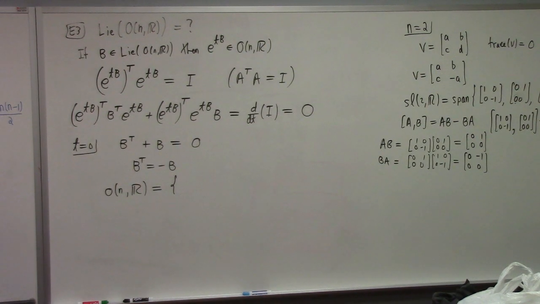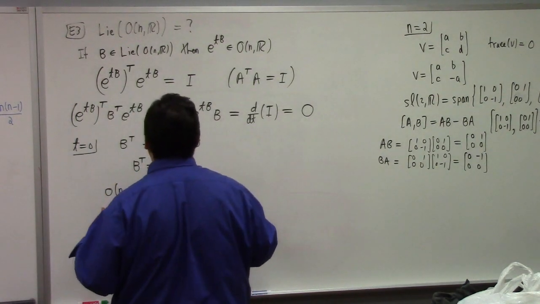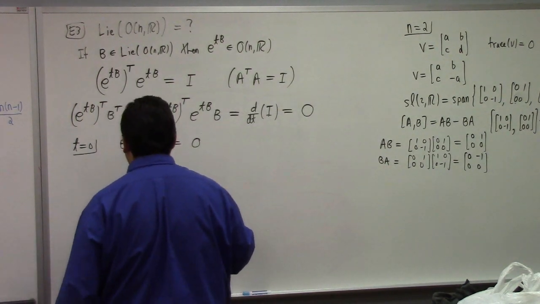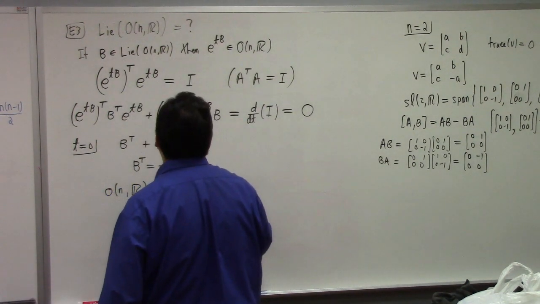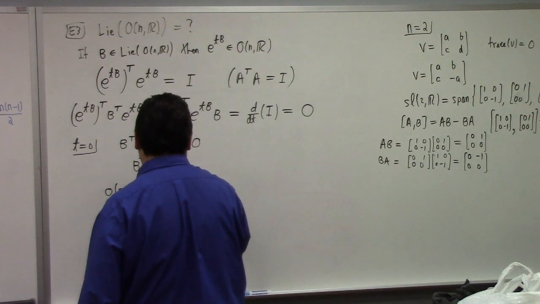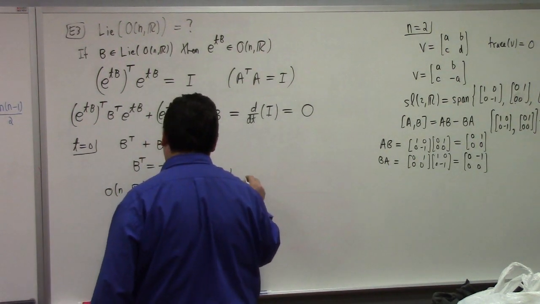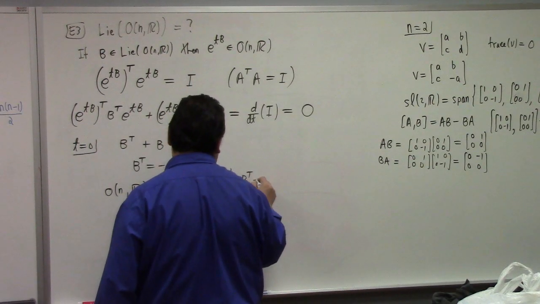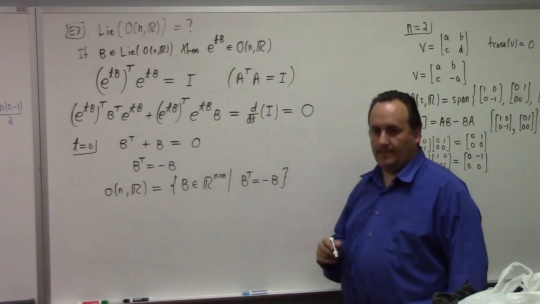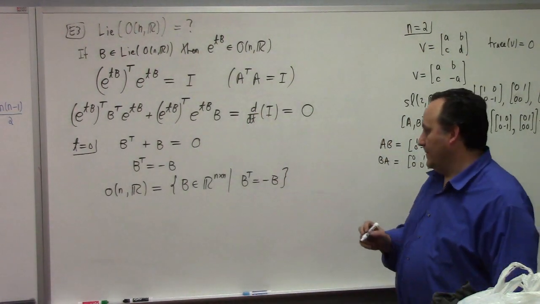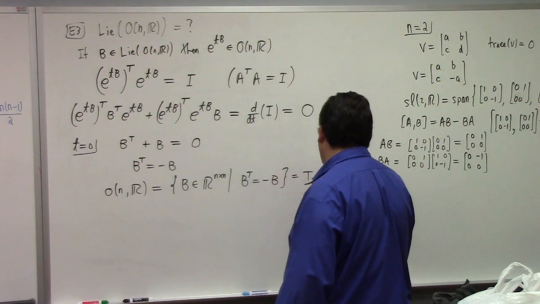But the special orthogonal SO(n, R), excuse me, not special, just the orthogonal O(n, R) is B in R^(n by n), such that B transpose is minus B. This is the tangent space to the identity of big O(n, R).